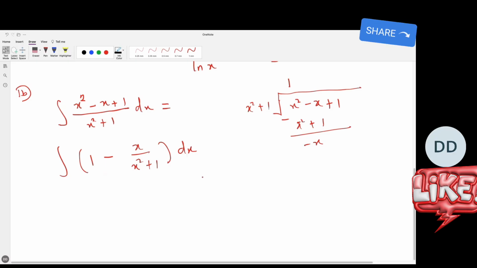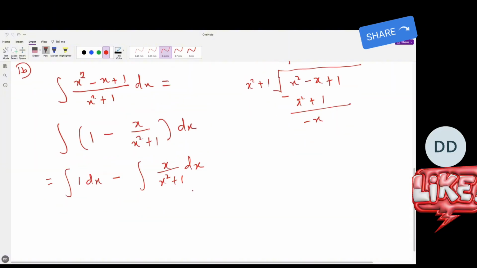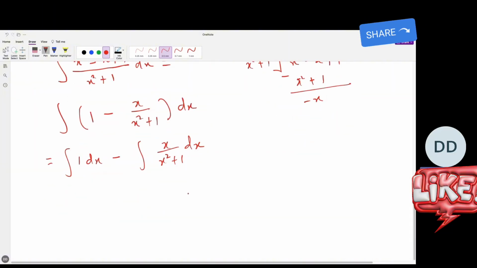So I can rewrite this as the integral of 1 dx negative the integral of x over x squared plus 1 dx. Is that correct? So that means that this becomes x negative. So if you integrate this, what do you have? I'm hearing the sound of the answer from you already, but there are still some things you need to put maybe behind.